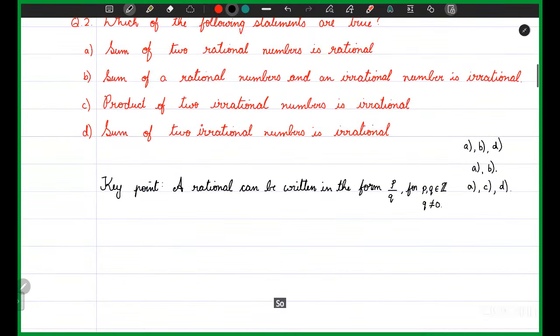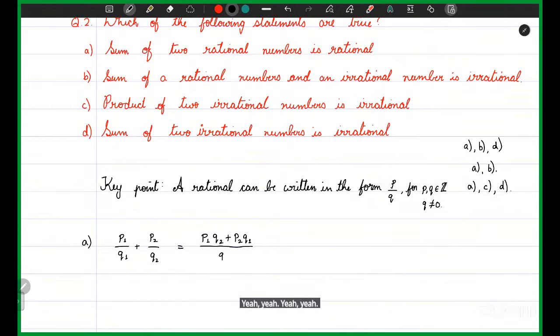So what happens when you take two rational numbers, 1 by 2 and 3 by 2? It always leads to a rational number, sir. So do you know how to add two arbitrary rational numbers, P1 by Q1 plus P2 by Q2?